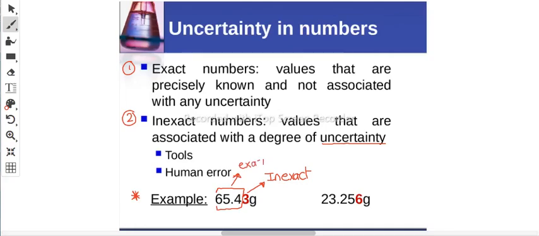So I'm sure that this number is a correct number. And if I've got an error or uncertainty while measuring the mass of the piece of wood, it will be in the 3, which is the last decimal inside your number. So we can consider the inexact number as the last decimal place reading.